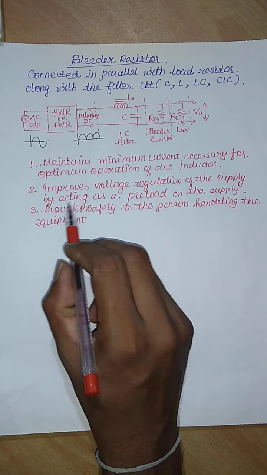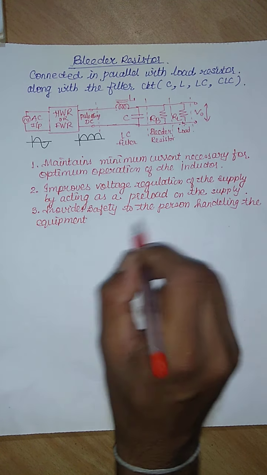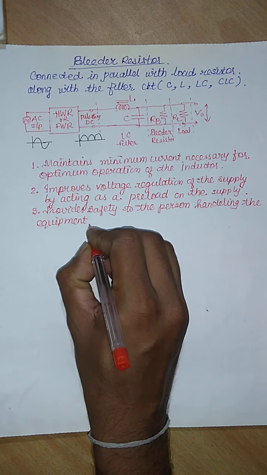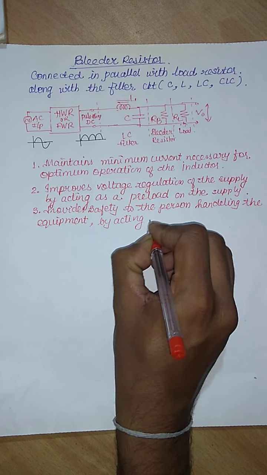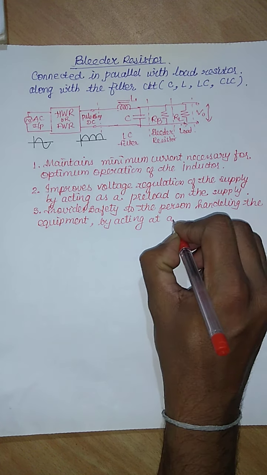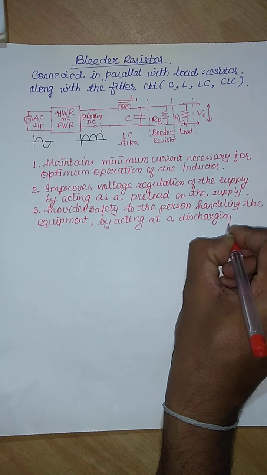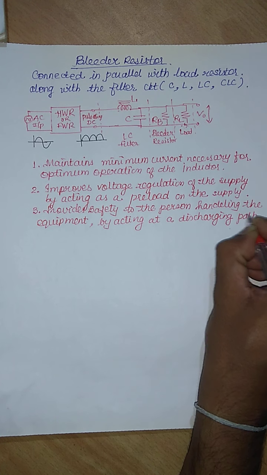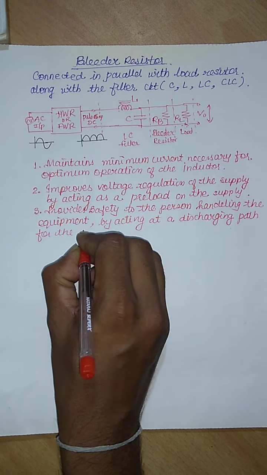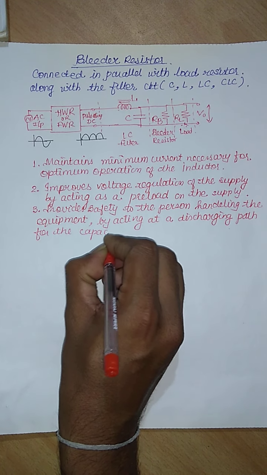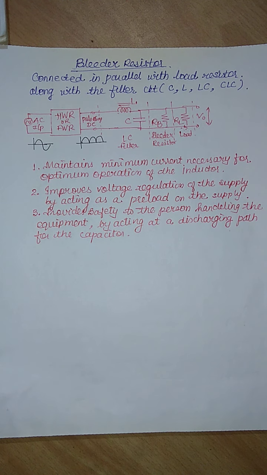So this bleeder resistor provides safety to the person handling the equipment by acting as a discharging path for the capacitors. Now what is the meaning of this? How is it providing the safety?